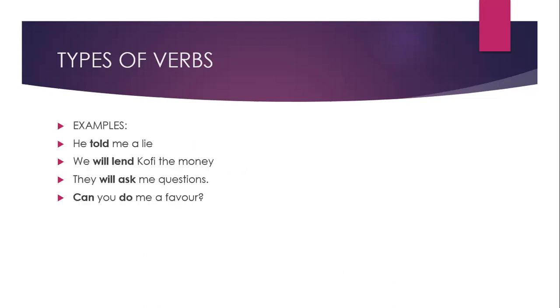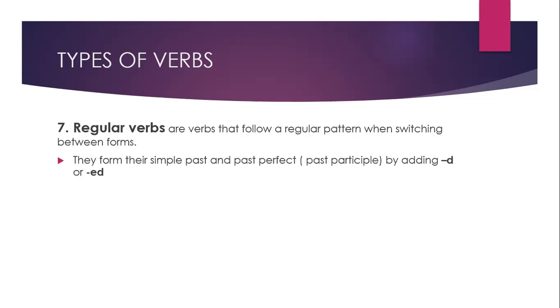He told me a lie. The direct object is me. The indirect is a lie. Okay. We will lend Kofi the money. They will ask me questions. So in all of these, you have two objects, one direct, one indirect. So these verbs in bold are ditransitive verbs.